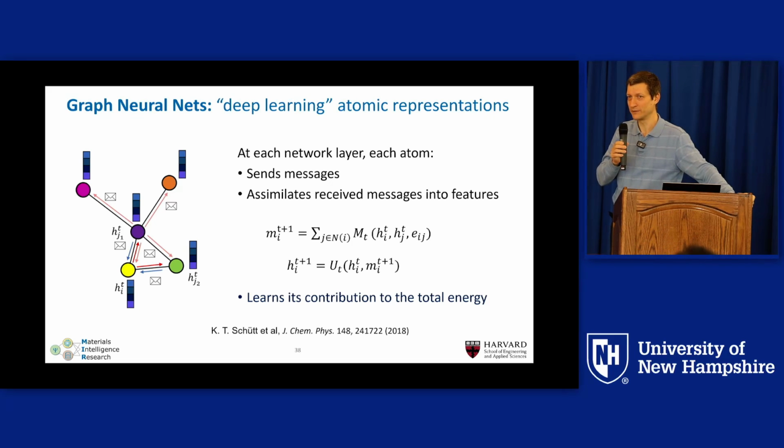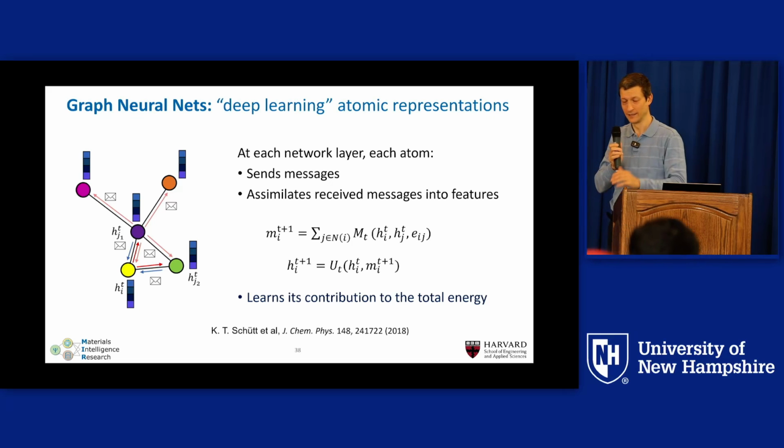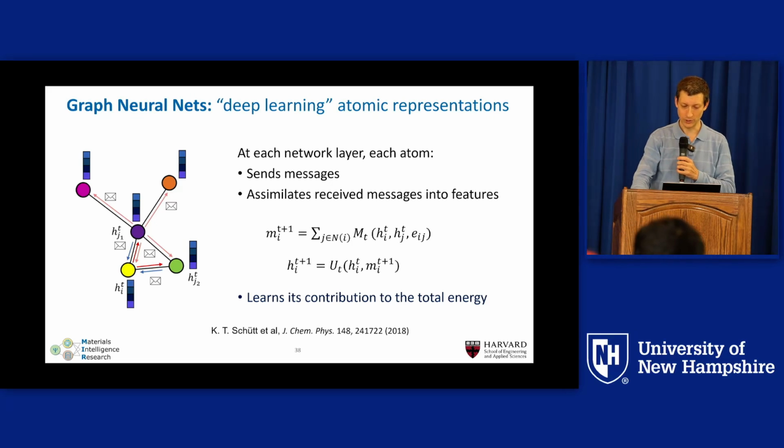But what if you don't want to even bother with feature selection? This is sort of where deep learning has taken us, right? This is the idea that, let the model figure it out on its own, let it learn its own representation that it needs. So this is the idea of deep learning applied to atomic systems.